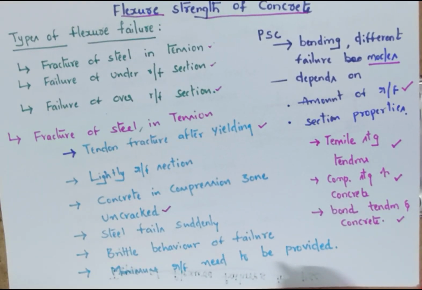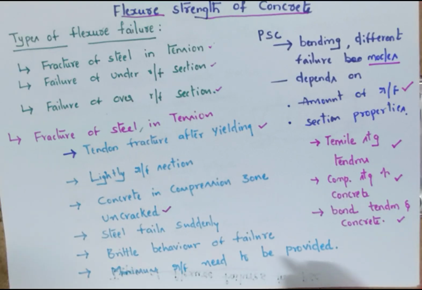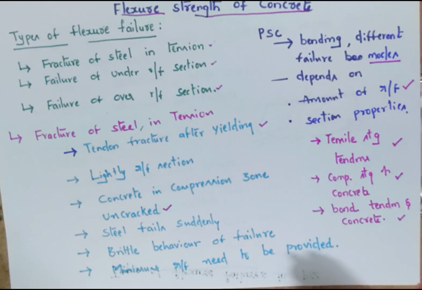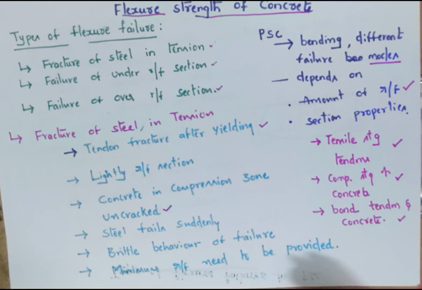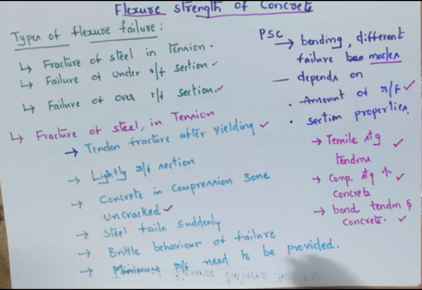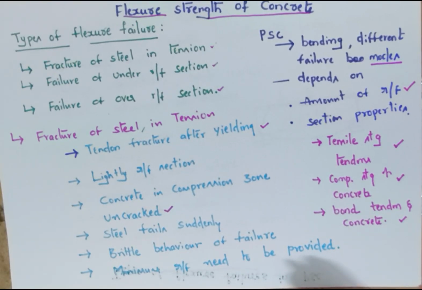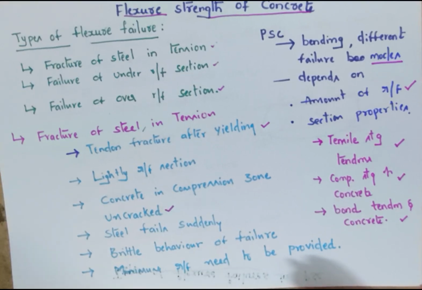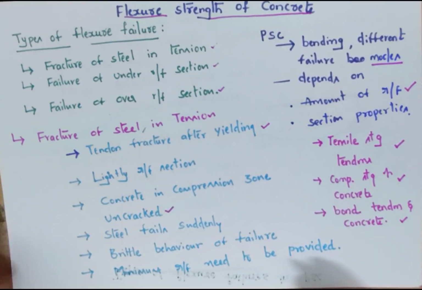The key points to be noted in this type of failure are: it may be due to a less percentage of reinforcement, the concrete in compression zone is uncracked, steel fails suddenly. We may observe brittle type of failure. This type of failure is not desirable.